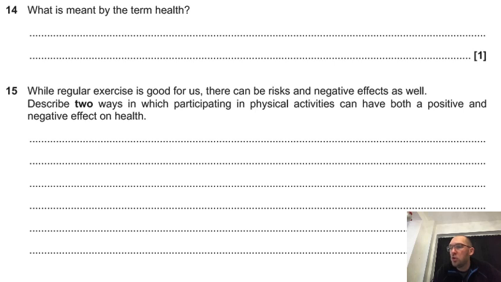Some misunderstood the question and only gave one way that physical activity can be positive and negative. Others who scored low marks often did not give a disadvantage. The best candidate scored the full 2 marks available by giving 2 positive points and then 2 negative points.